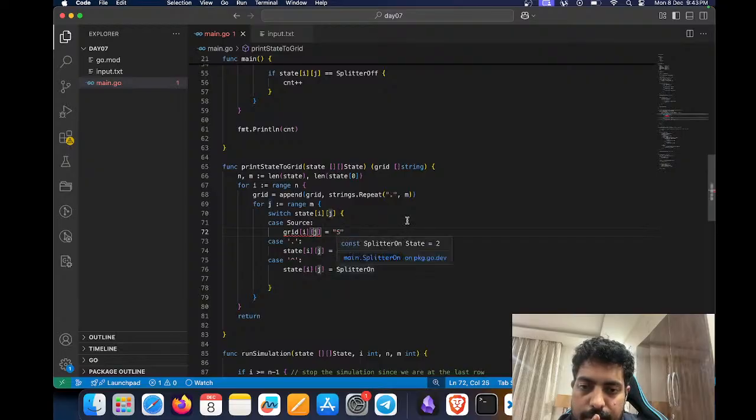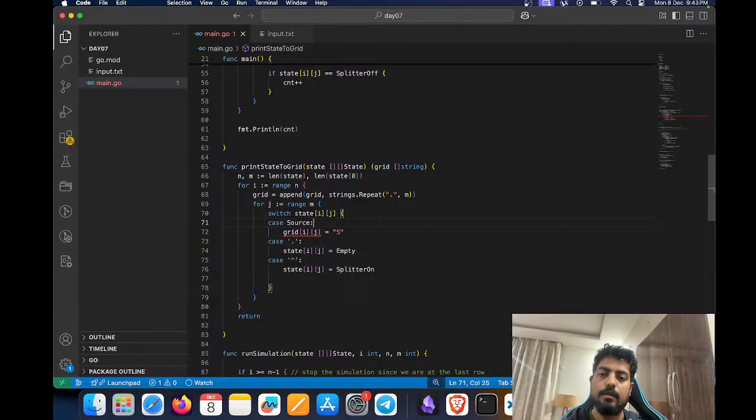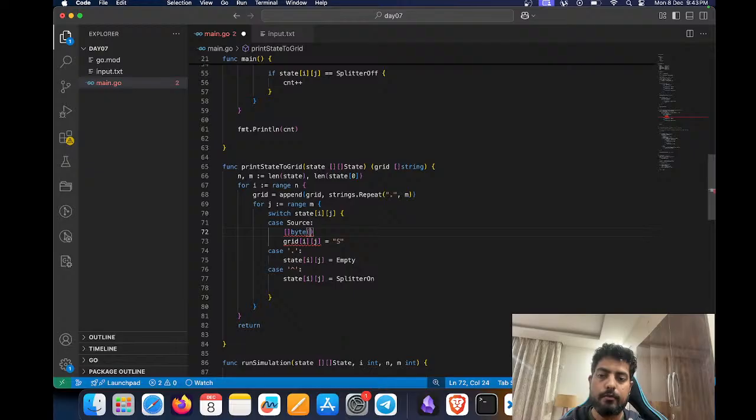Okay, so this assignment doesn't work because we'll have to do this bytes of grid.